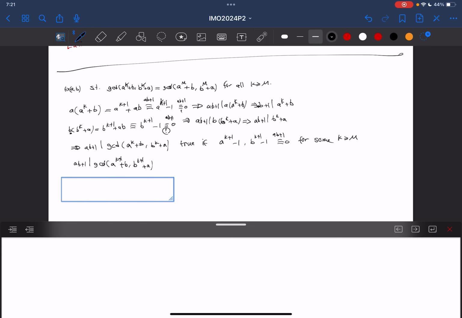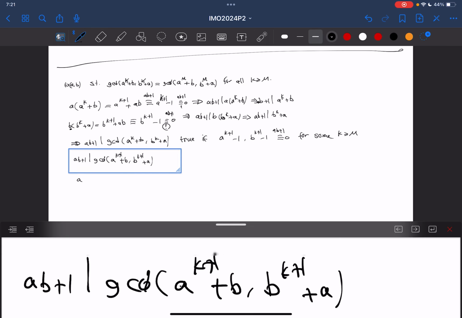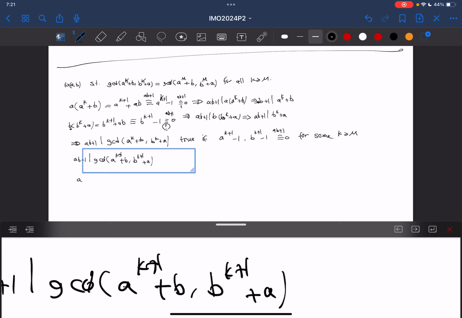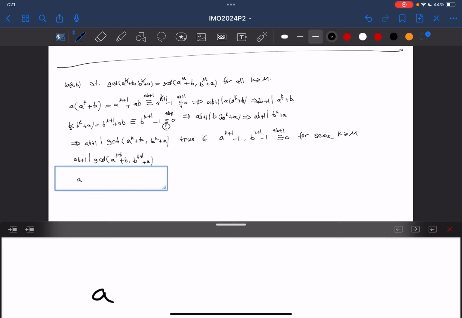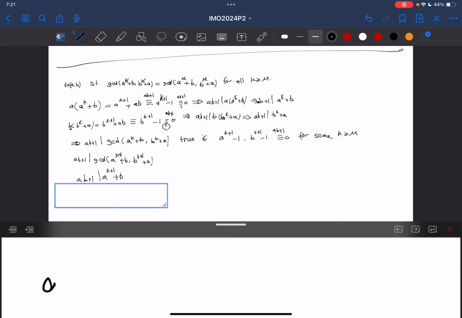Awesome. So what does it mean that ab plus 1 divides the GCD of a to the power k plus 1 plus b and b to the power k plus 1 plus a? So basically this would divide a to the power k plus 1 plus b, and ab plus 1 would divide b to the power k plus 1 plus a.